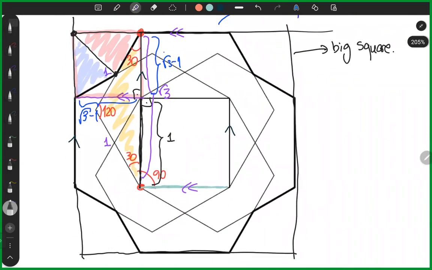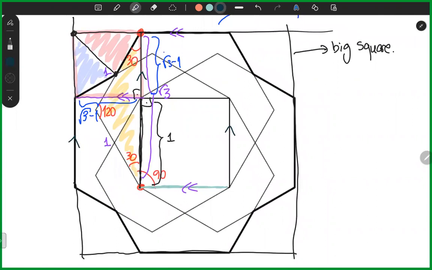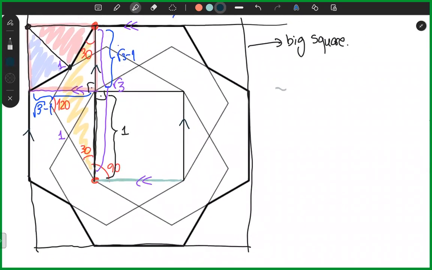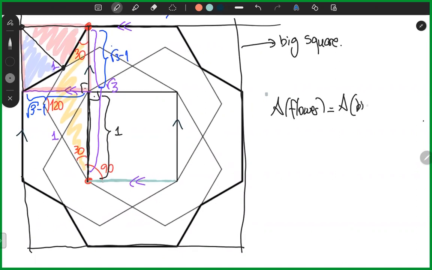Then I am going to find the area of the flower in the following way. The area of the flower equals the area of the big square minus 8 times the area of the triangle.